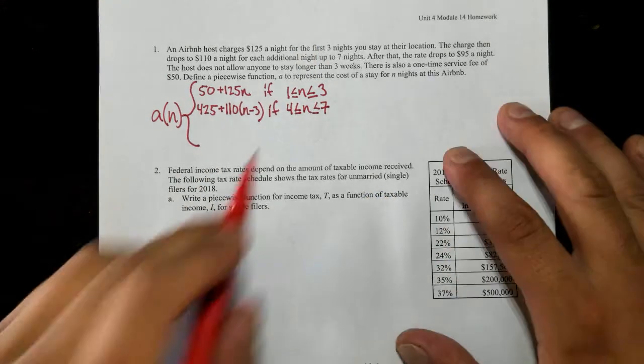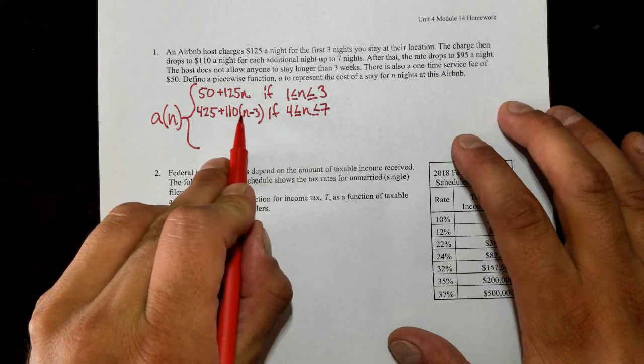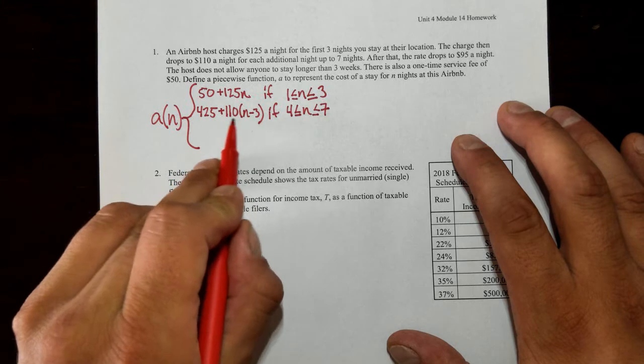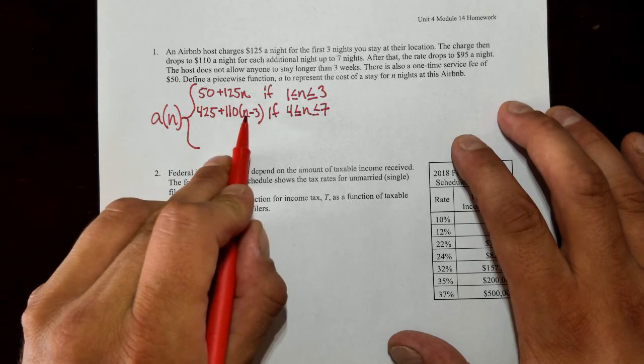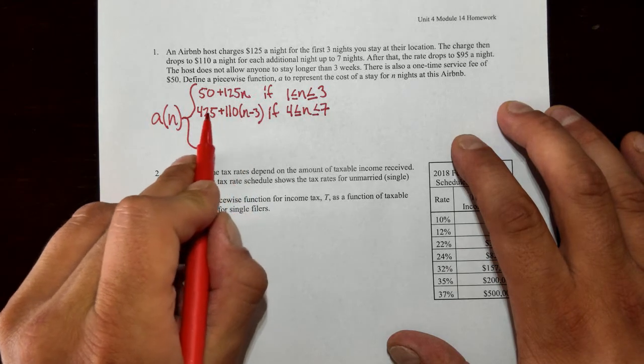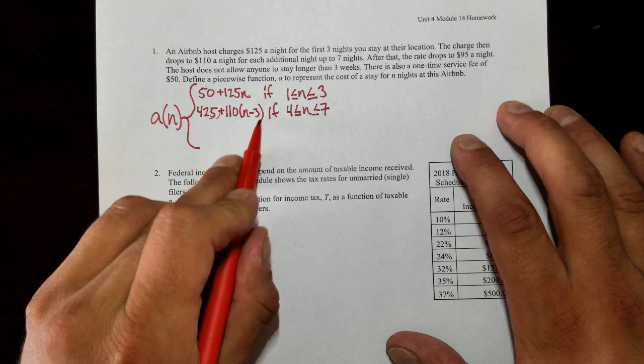So if we were to plug in, say, 4 for n, we're only really being charged for 1 night at $110. So that's why we need the n minus 3 here. Plug in 4: this counts for the first 3 nights, and then this is the nights afterwards.